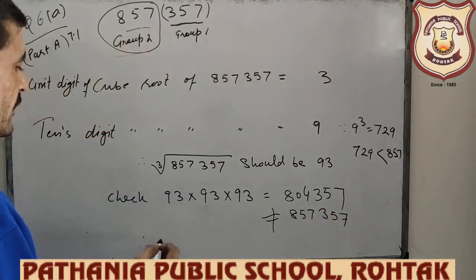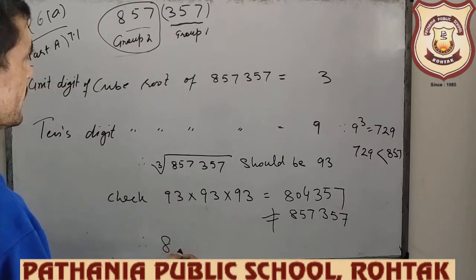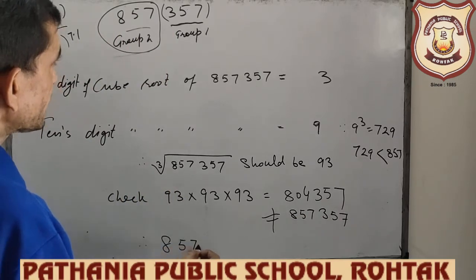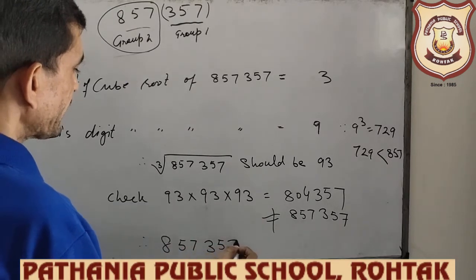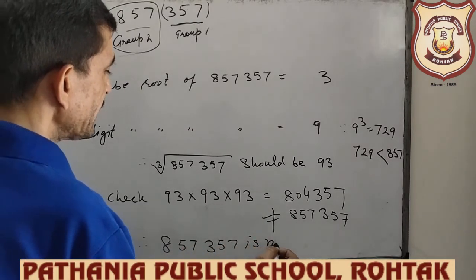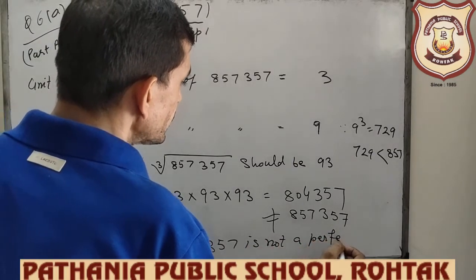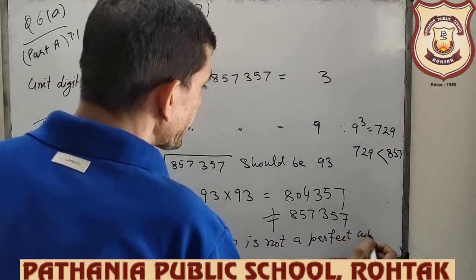So therefore 857,357 is not a perfect cube.